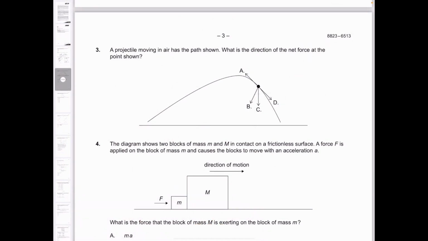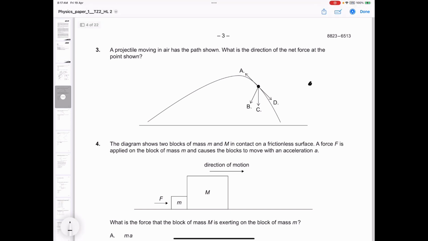Okay, number 3. A projectile moving in air has a path shown, and we want to find the direction of the net force at the point shown. Okay, so let's do a free body diagram. If this is our point here with the projectile, then the weight goes down like this, and the resistive force goes in this direction here.